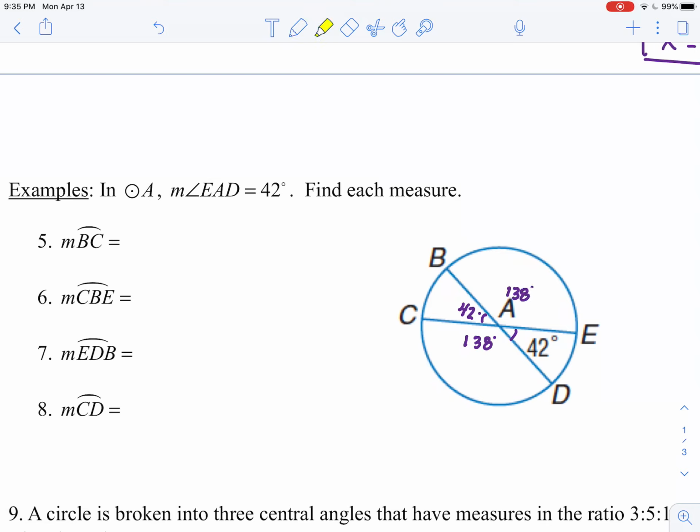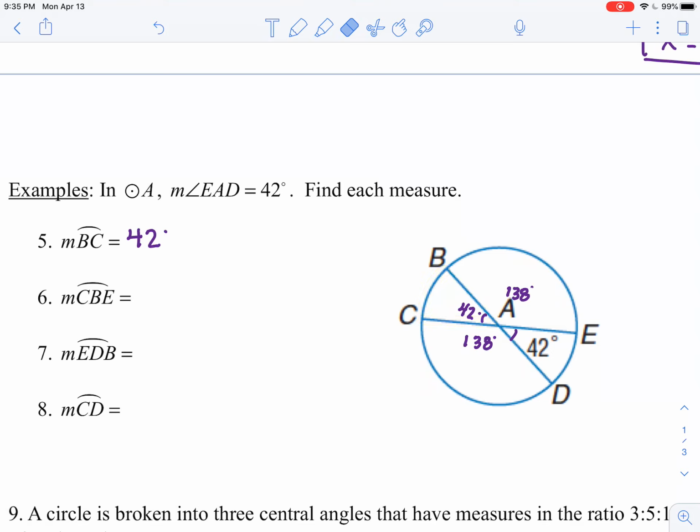Once I know all the central angles in the picture, I can find their corresponding arcs. So question number 5 asks for the measure of arc BC. So arc BC is going to have the same length as its corresponding central angle. So if angle BAC was 42 degrees, arc BC is also going to be 42 degrees.